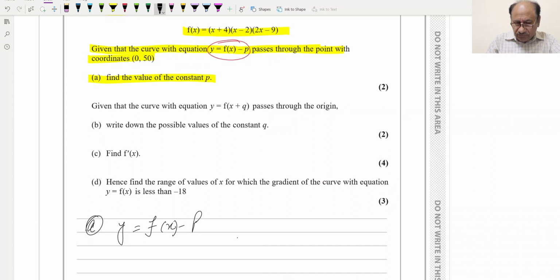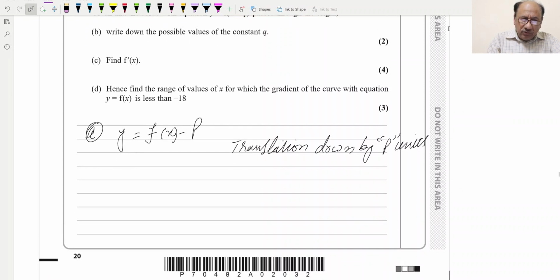So we can write translation down by p units. This is what we can figure out. You should know the translation rules.